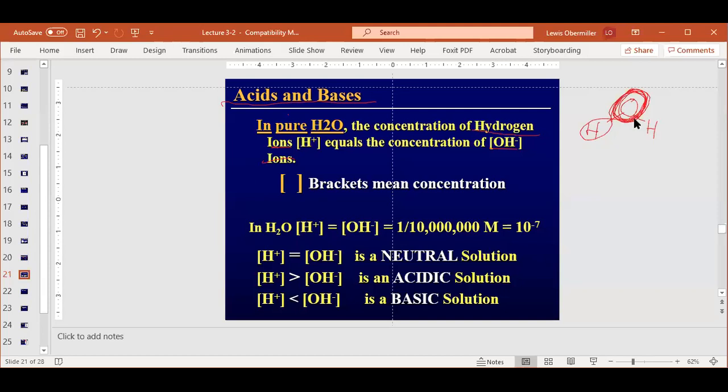So if it's not sharing electrons, what happens to this covalent bond? It would break. Right.